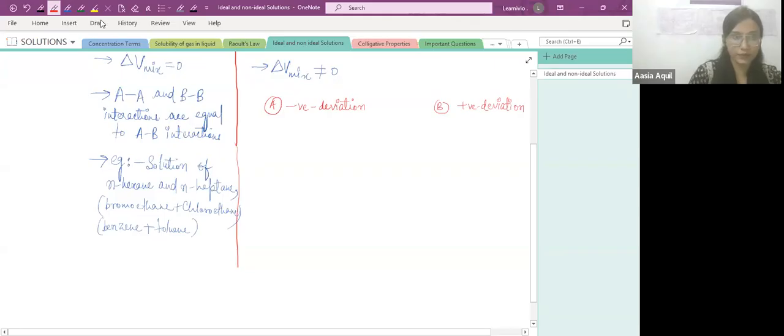Concentrate here. In negative deviation, delta H mix, the enthalpy of mixing, is less than zero, meaning it will be negative. But in positive deviation, the enthalpy change will be greater than 0, which is positive.